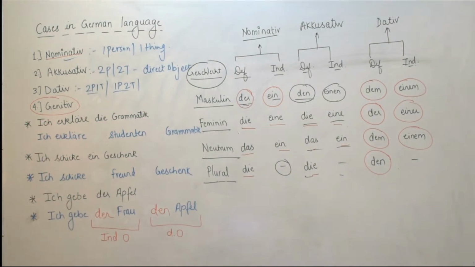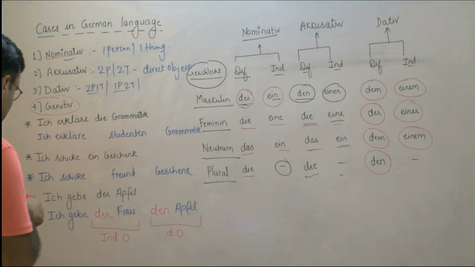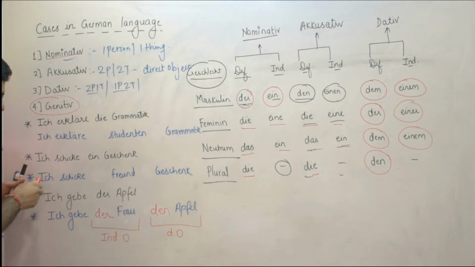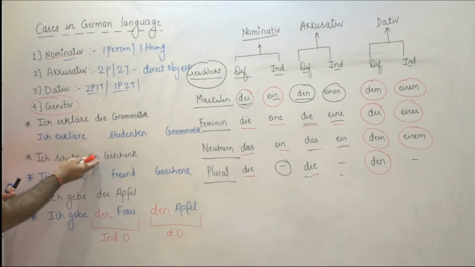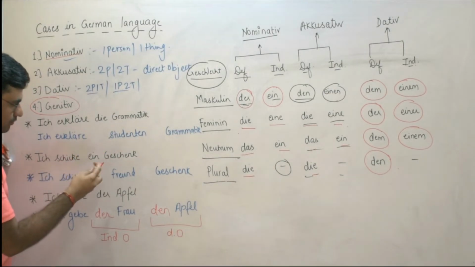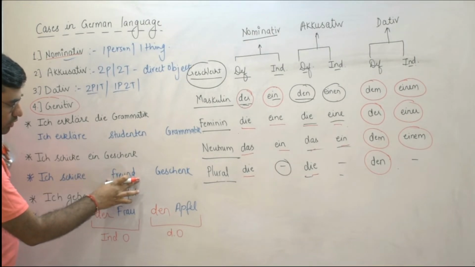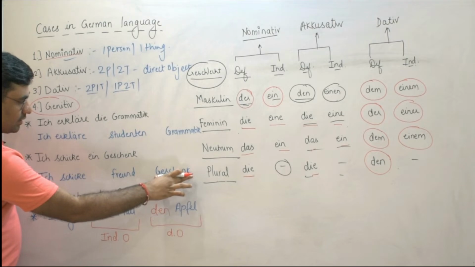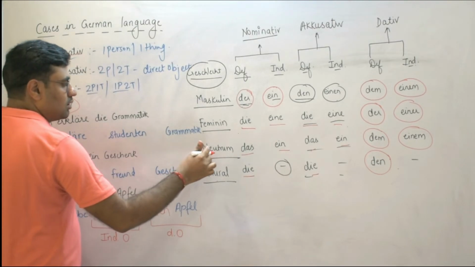Now have a look here. Next one is this one. Ich schicke ein Geschenk. I am sending a present. It's a gift. So ich schicke, Freund. Der Freund. Geschenk. Das Geschenk.